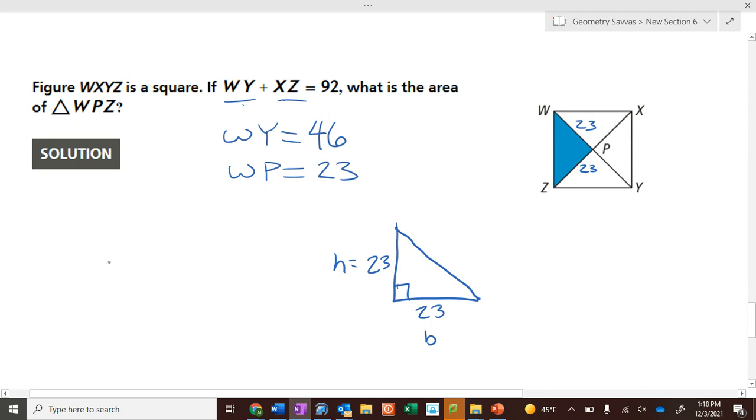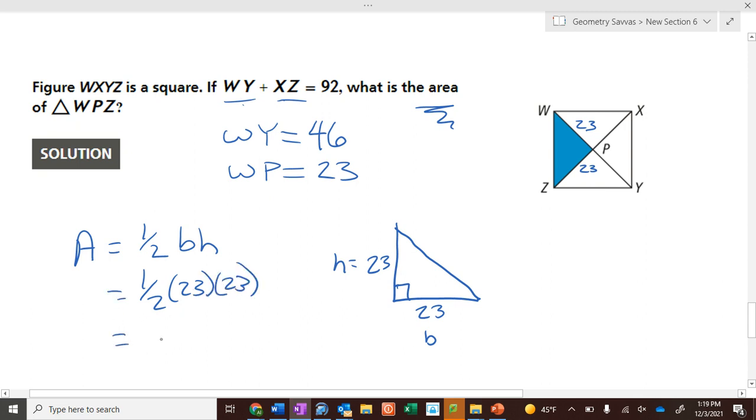The area of a triangle, because they want to know the area of that triangle part, is 1/2 the base times the height, which is 1/2 of 23 times 23. 23 times 23, and then divided by 2. What do we get? 264.5. That's the area of that.